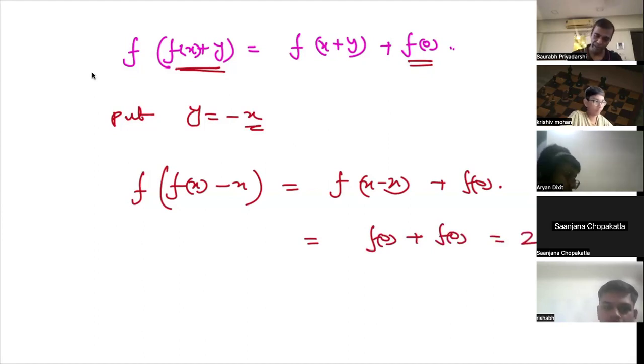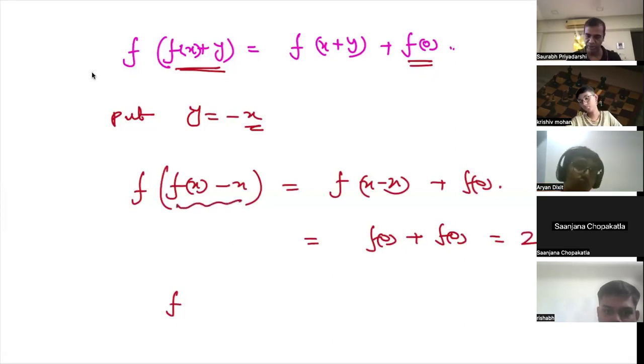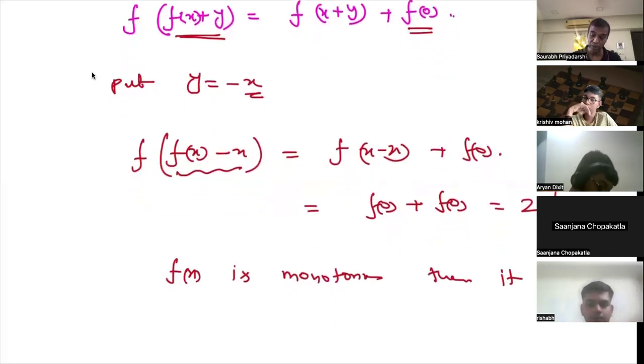And since f is a strictly increasing function, f is a monotonic function, it will be either increasing or decreasing. Since we are saying that this function f(x) minus x is given, f(x) is an increasing or decreasing function, strictly monotonic. If it is monotonic, then it must be one-to-one, or injective.